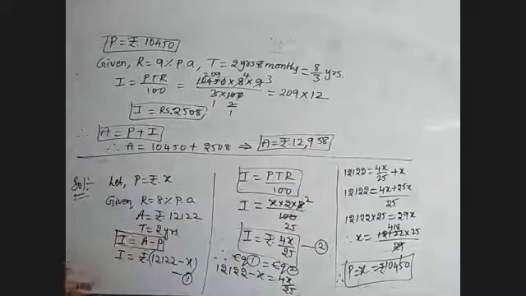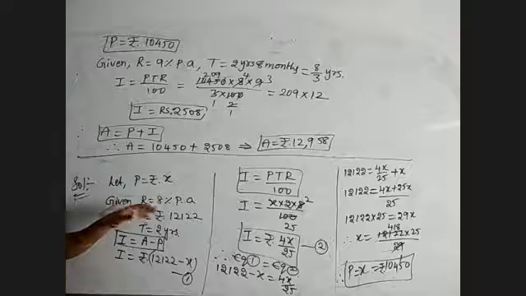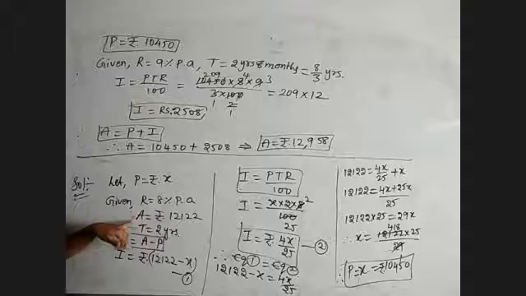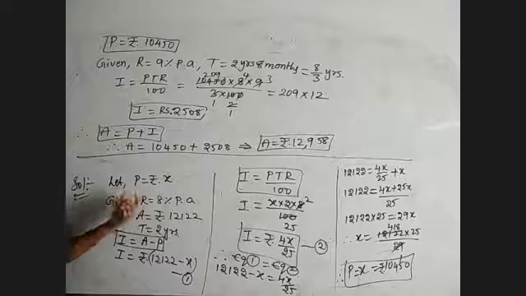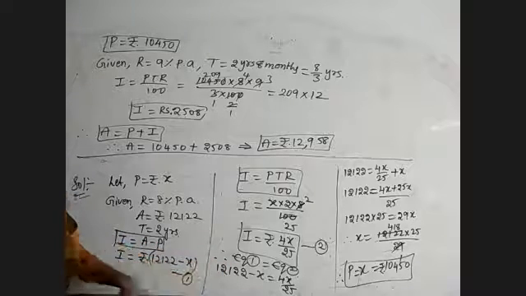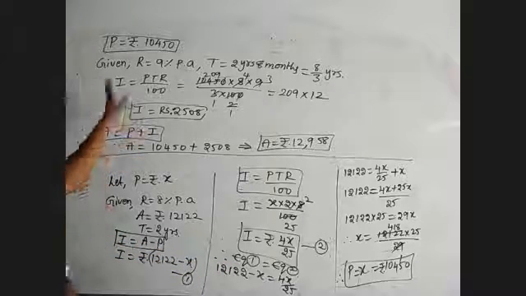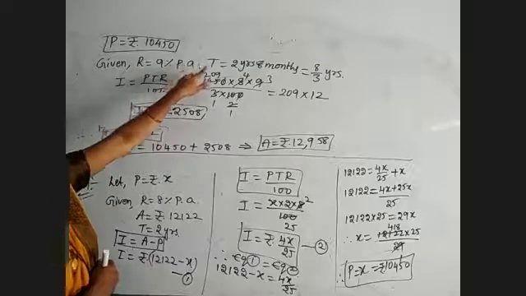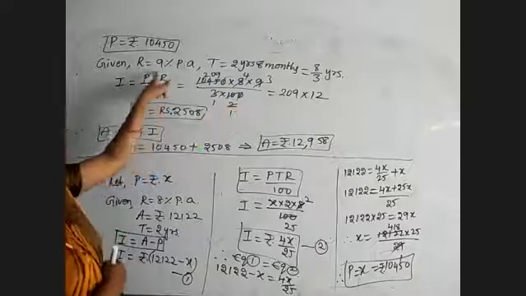So remember here, first they have given two conditions, R and amount and T, but the principal is not given. So for that we are finding the principal first. After getting that principal, they are asking how much it will amount after 2 years, 8 months at 9% per annum.